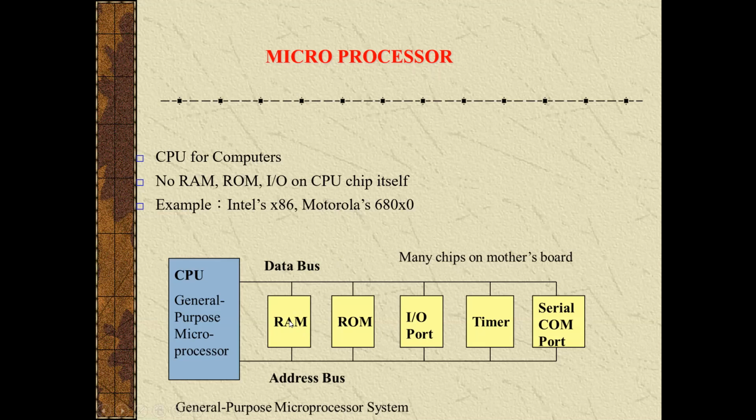Here are a few devices like RAM, ROM, IO port, timer, and serial communication ports, which are interfaced externally to the microprocessor. But in a microcontroller, they are all fabricated on a single chip by using CMOS technology.